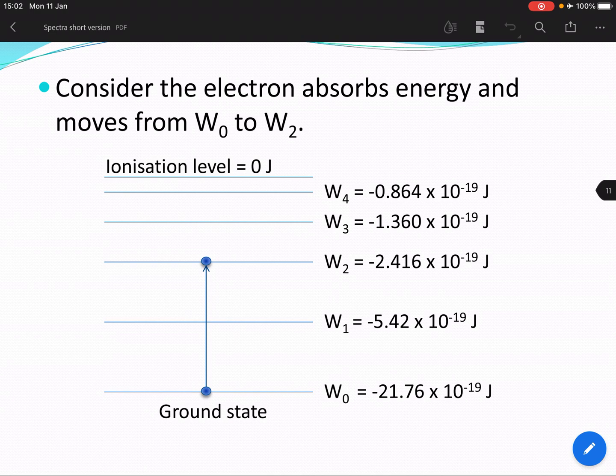So, for example, if the electron absorbs some energy and moves from W0 to W2, if you wanted to know how much energy it had absorbed, you would just work out the difference between those two numbers. So roughly 19.3 times 10 to the minus 19 joules, the difference between W0 and W2.